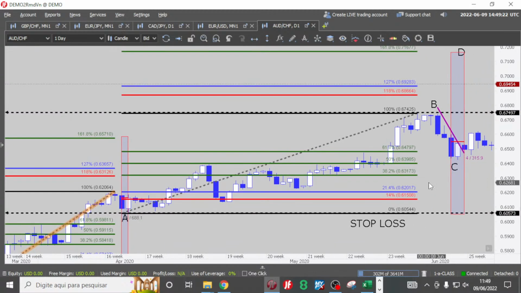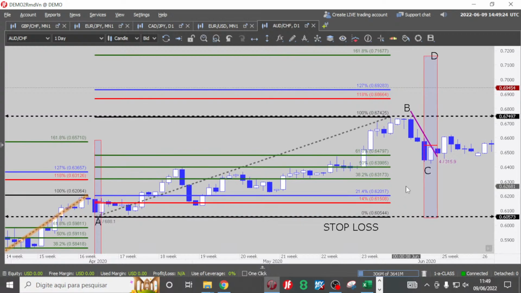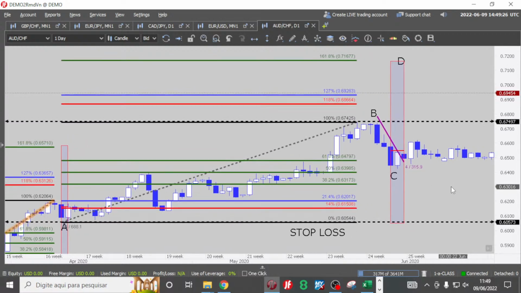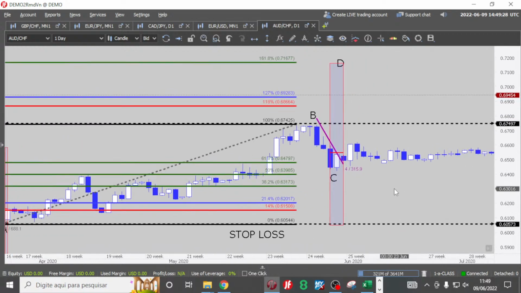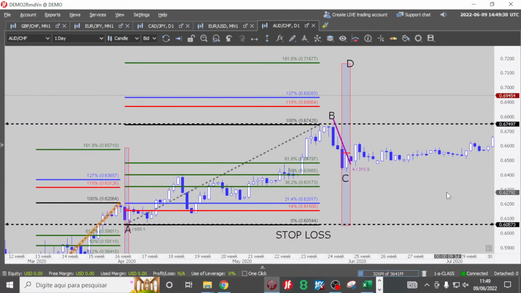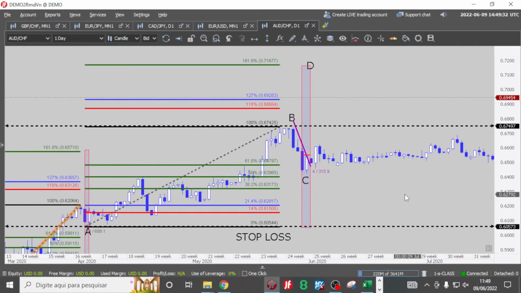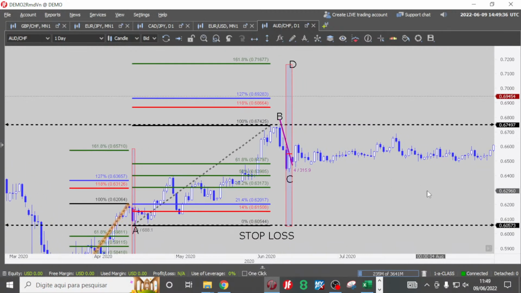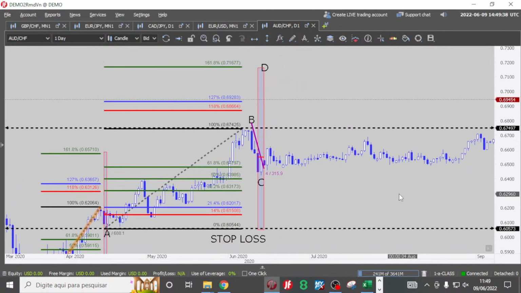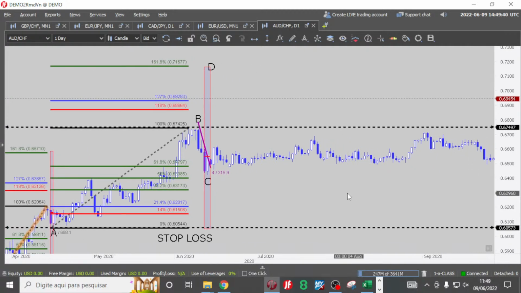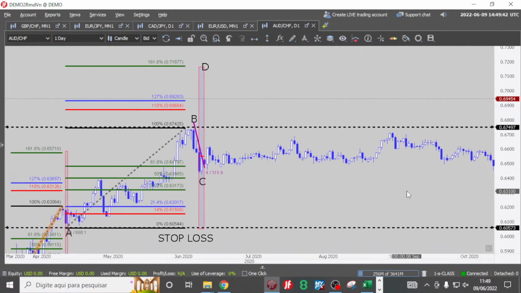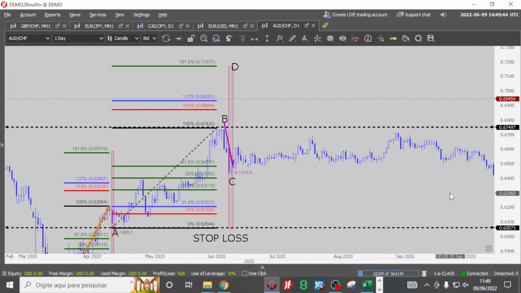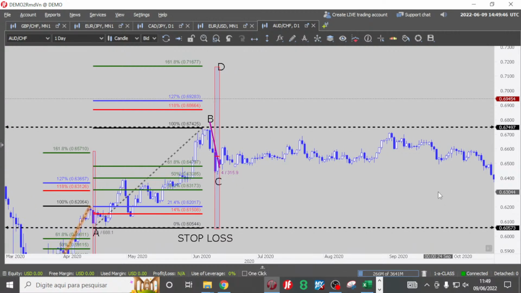The market's moving up and sideways. Let's compress the chart. It's moving up and down, still sideways, finally starts to rally, then moving lower, down, down, down.